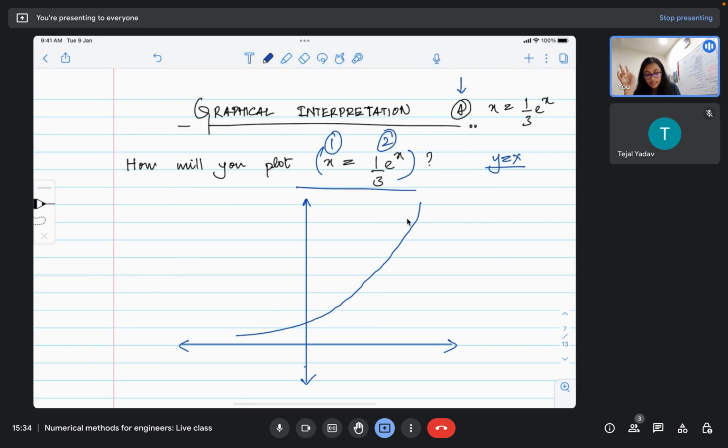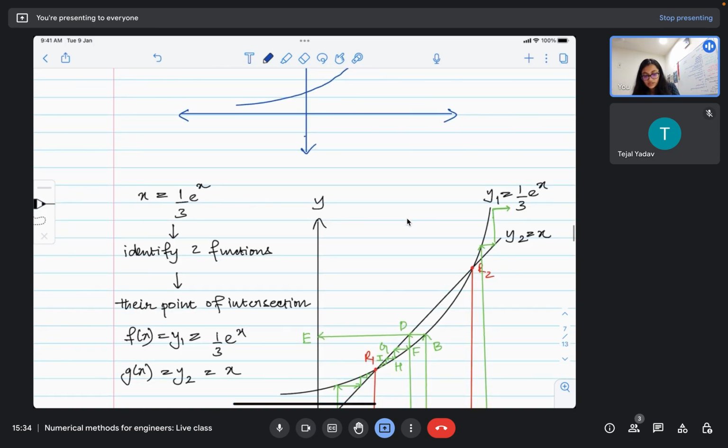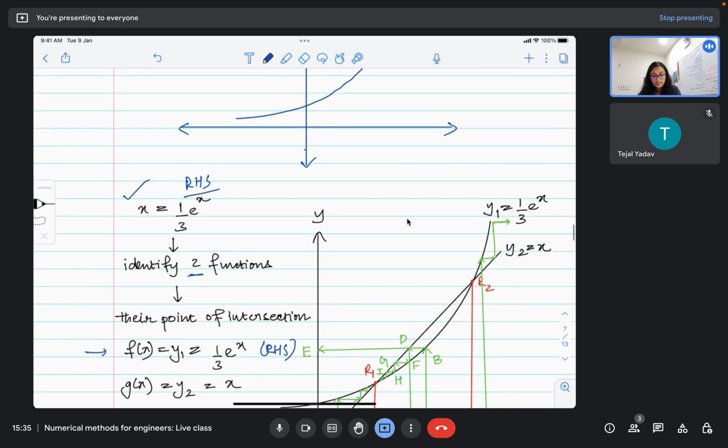Let's write it down. It's already here, so I will take you through this only. Whenever we are given a function like this, we are going to identify two functions and write them. Your first function is your RHS, so I will write the RHS here: y1 is equal to 1 by 3 e to the power x, and the second function, which is the LHS, can be written as y2 is equal to x.